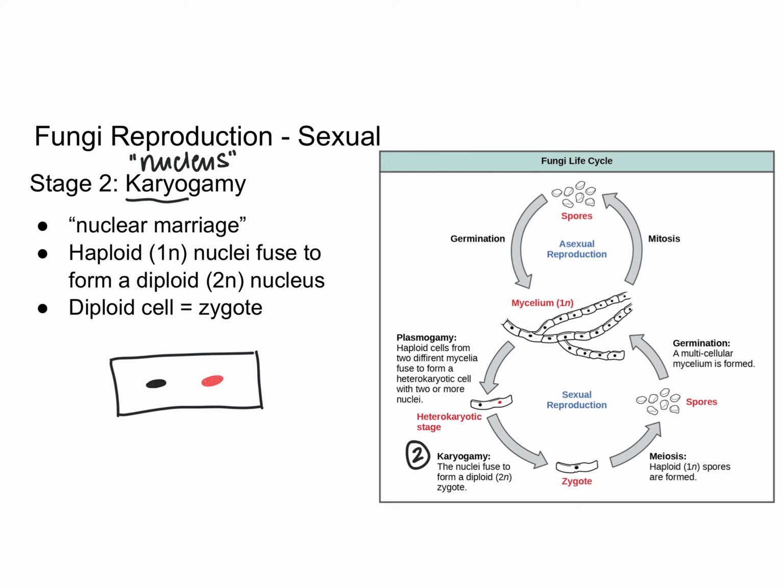And so we had the cell that had two haploid nuclei. So the cell membrane and the cytoplasm have already been joined in plasmogamy. But now what happens is that the two nuclei are going to merge together in order to form a diploid nucleus.